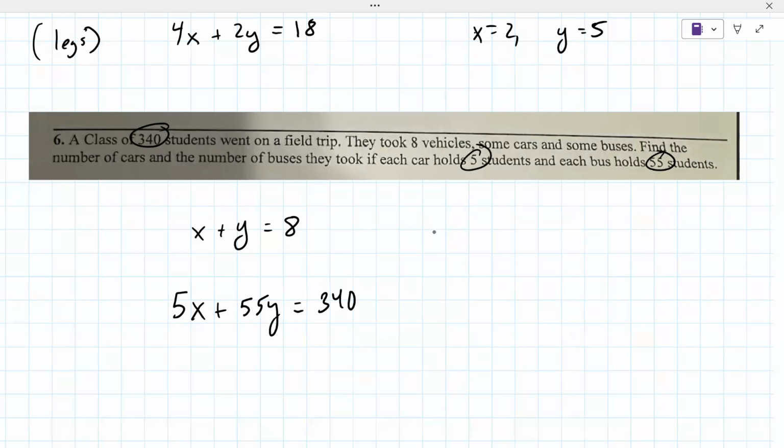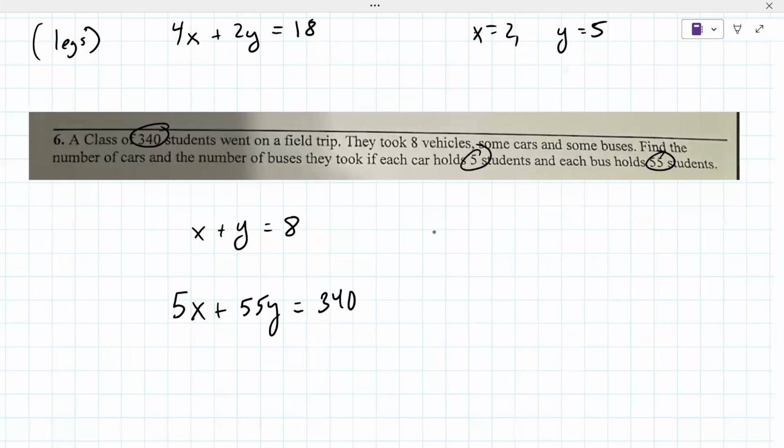Okay, go ahead and solve this for x or y, please. So y is equal to 2, which means x is equal to 6.